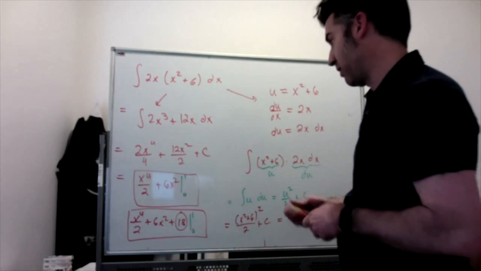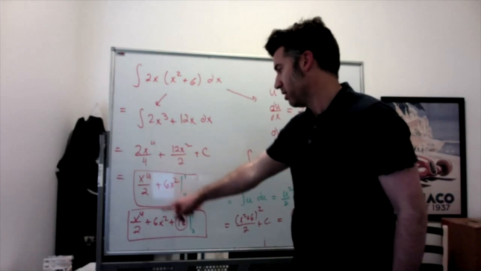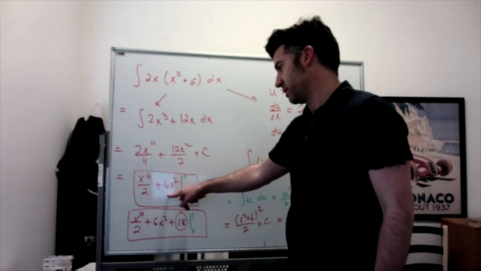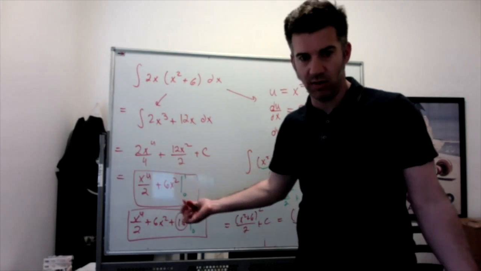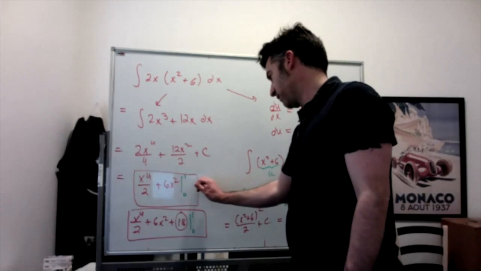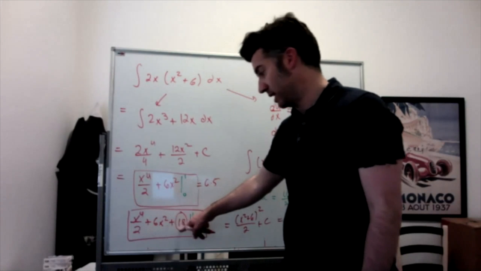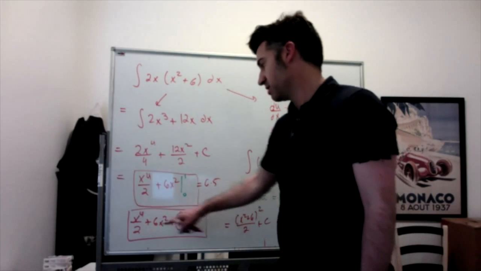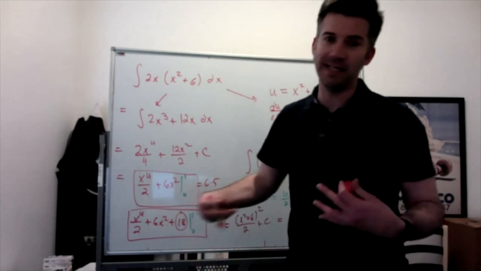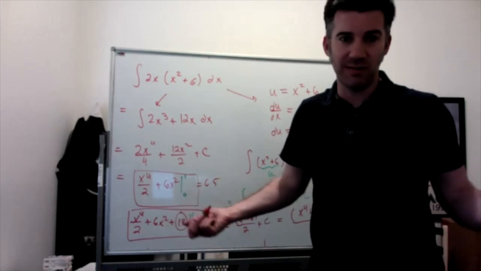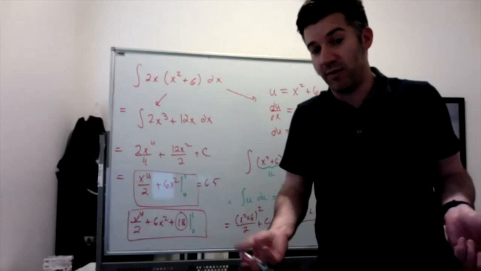You'll plug in the 1 here, and you'll get 1/2 plus 6 minus 0, so you'll get 6.5. Here you'll plug in the 1, you'll get 1/2 plus 6 plus 18, minus 0 plus 18, and the 18s cancel out. So yeah, doesn't matter, right? That's why it's perfectly okay to differ by a constant.